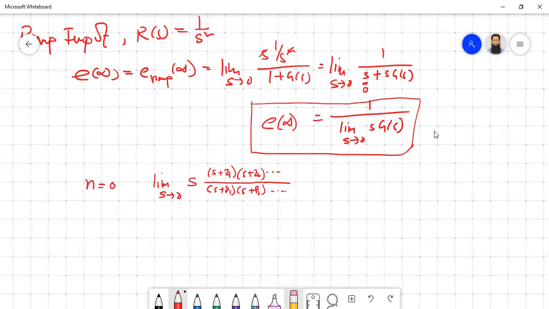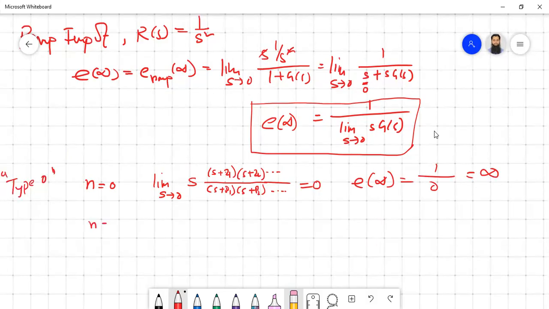So if you set the limit s equal to 0, this function becomes 0. So now your steady state error becomes 1 by 0, equal to infinity. Okay, so this is for type 1 system. So sorry, type 0 system.